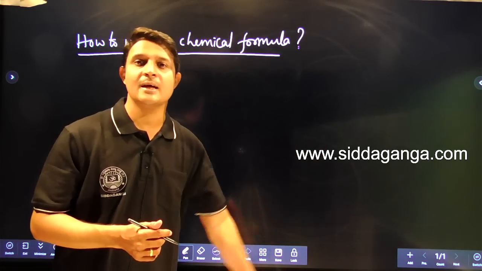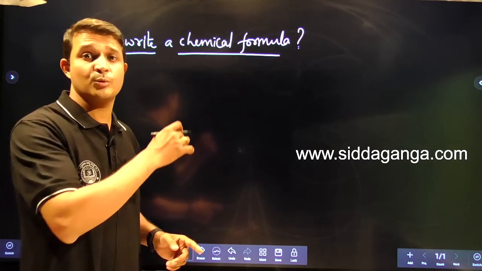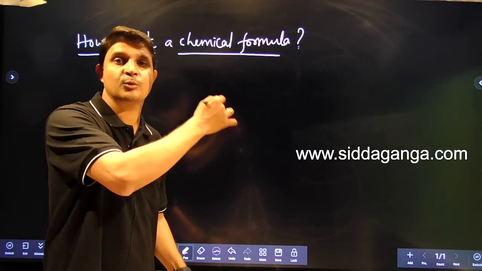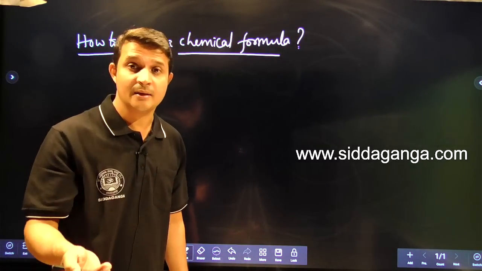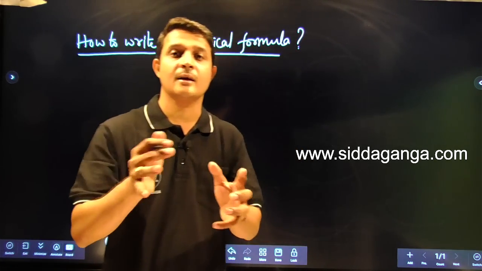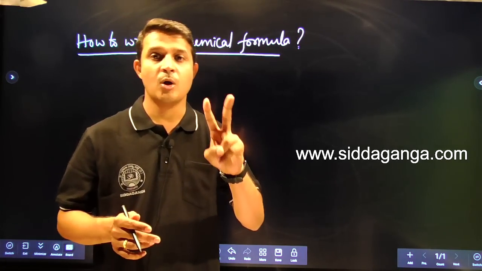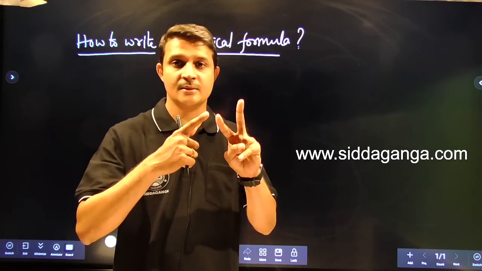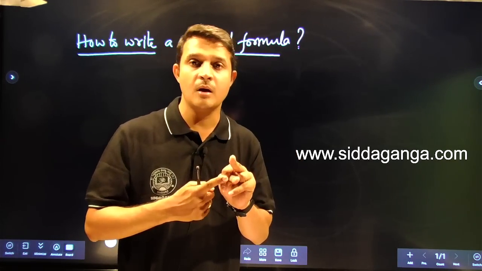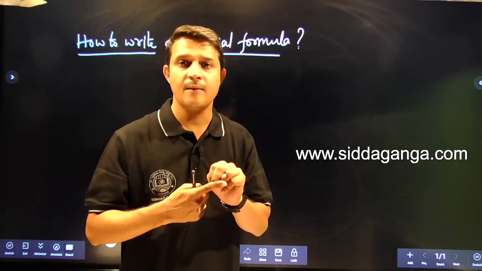Elements are represented by symbols, so definitely we need to know the symbols of those elements. Then in what valency the elements are combining, that also we have to know. So the two important criteria are knowing the symbol of the elements present in a compound and its valency.